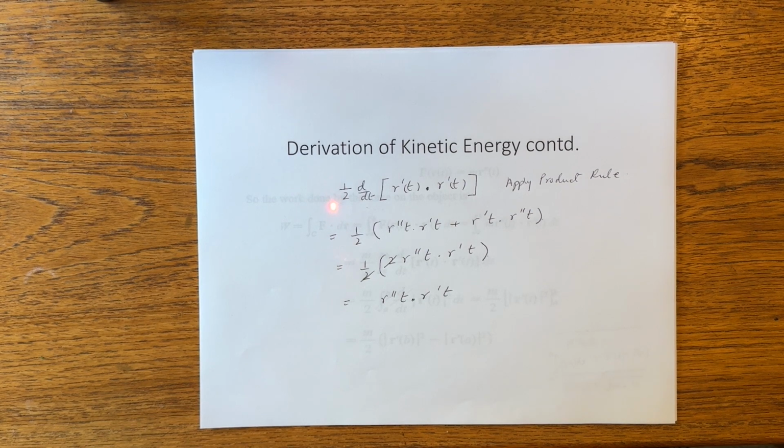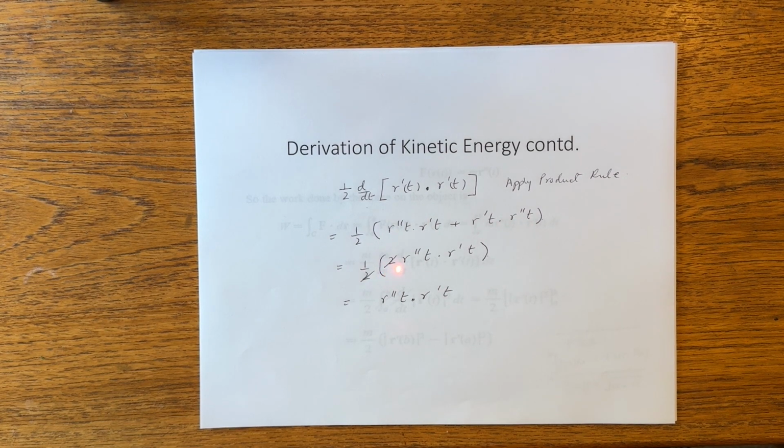Assuming that we have an equation which is half the derivative of r'(t) dotted with r'(t), so velocity vector times velocity vector, when you apply the product rule of differentiation, you get half of the velocity vector times the acceleration vector plus the acceleration vector times the velocity vector. These two are the same.